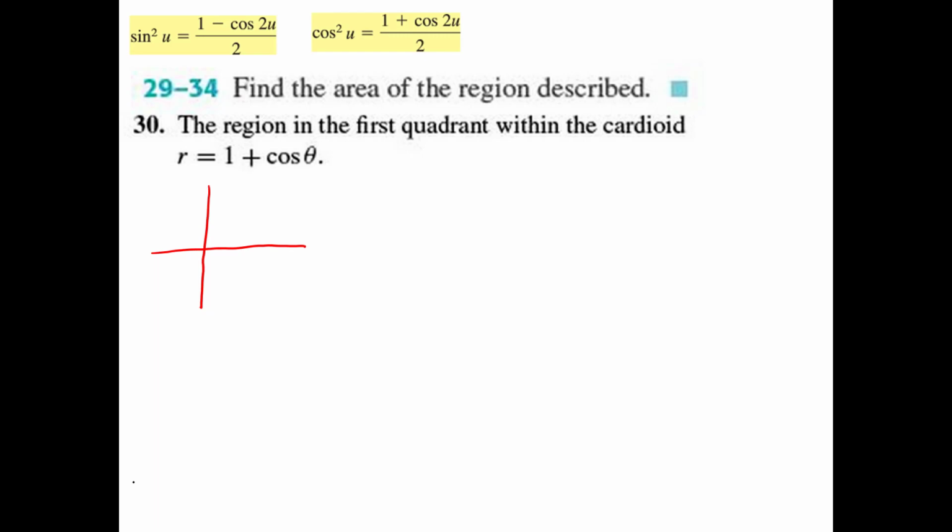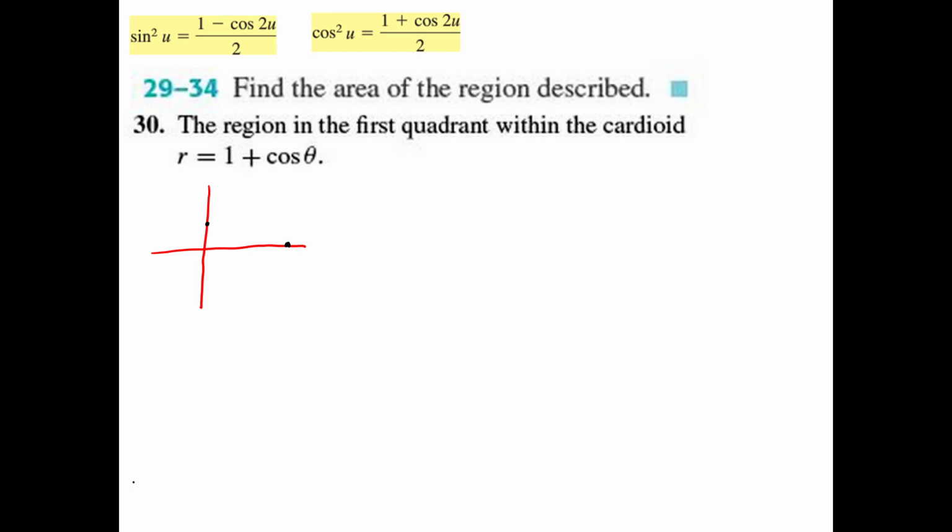I don't have room on this screen, so I'm just going to hit the quadrant angles. An angle of 0 gives me a cosine value of 1. 1 plus 1 is 2, and we're up here. When we get an angle of pi over 2, the cosine is 0, so we get an r value of 1.